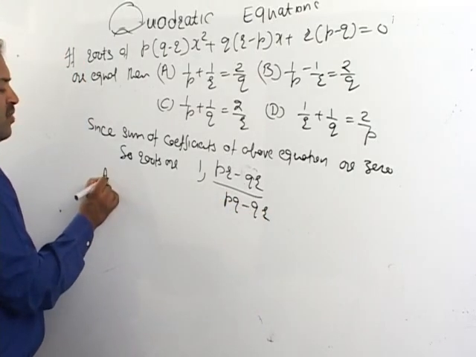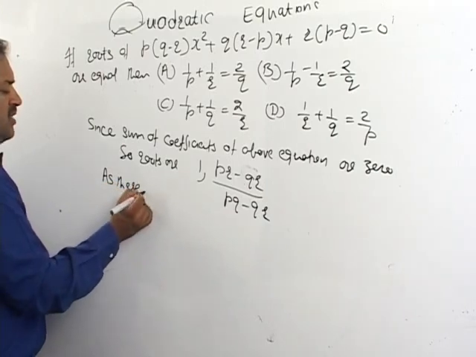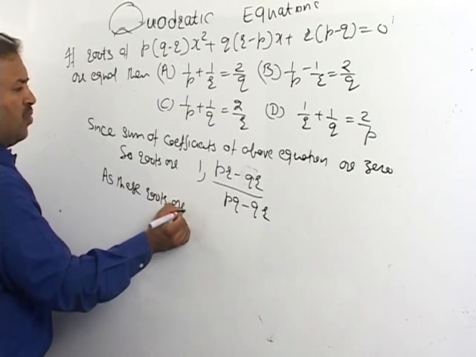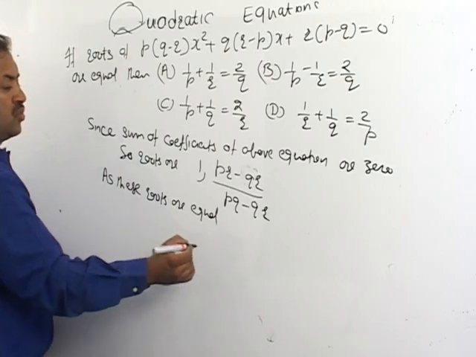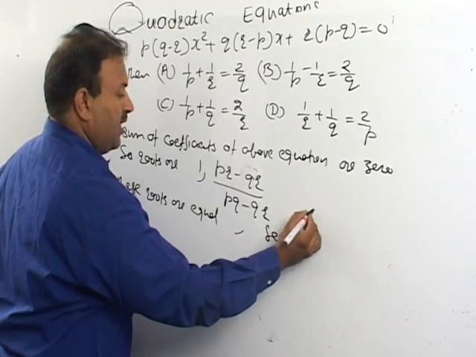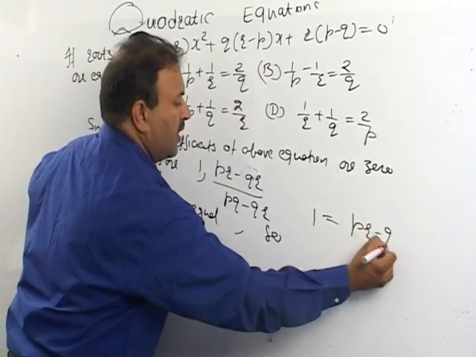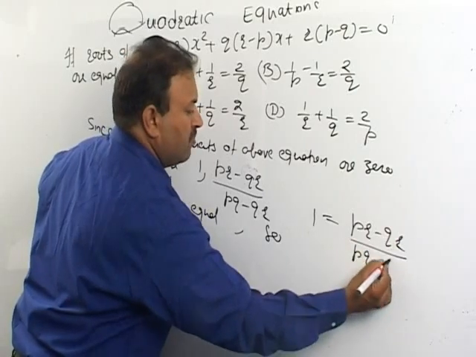As these roots are equal, 1 is equal to (pr minus qr) upon (pq minus qr).